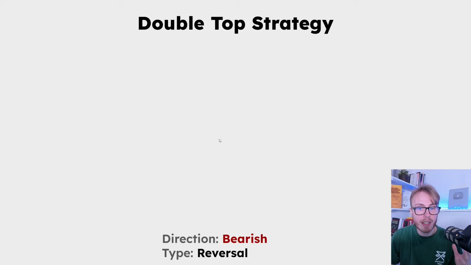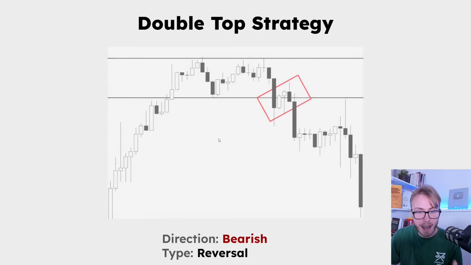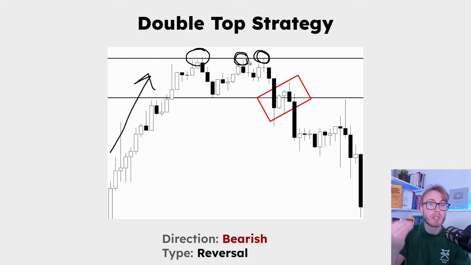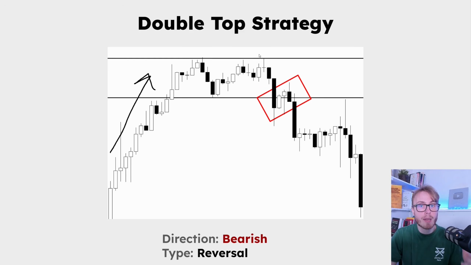So now let's take a look at this pattern in action in a real market. You can see in this example, we had the price pushing up, we got rejected one time, and then we got rejected one time again. This was actually almost like a triple top, so we almost had three small reactions here. And when we talked about the double bottom, we already mentioned this type of entry when you can enter at the resistance.